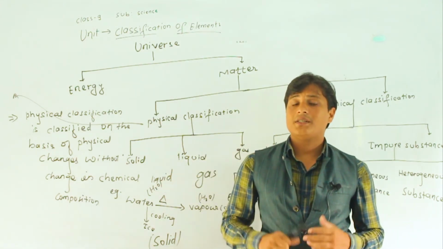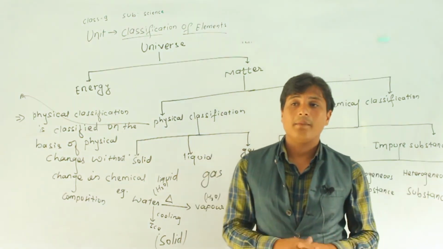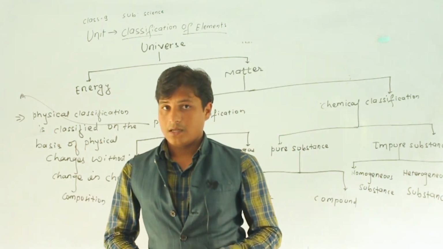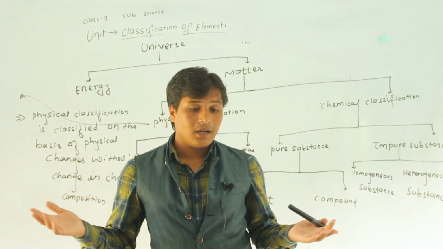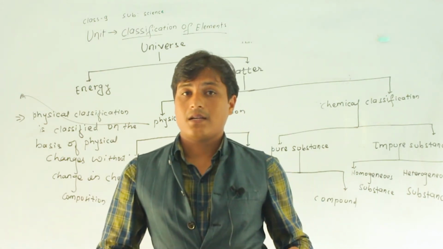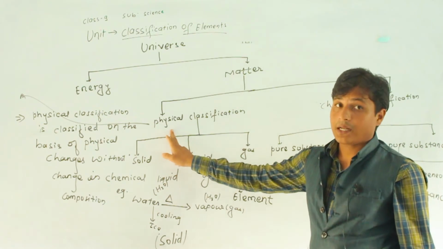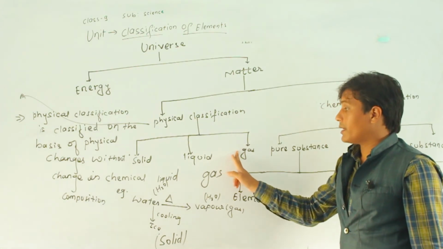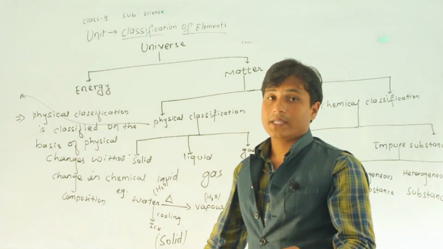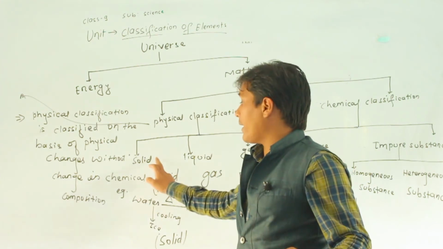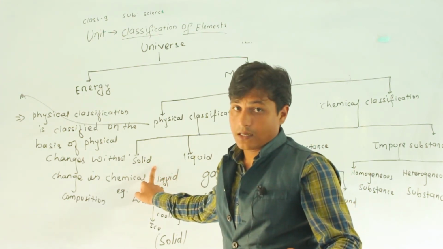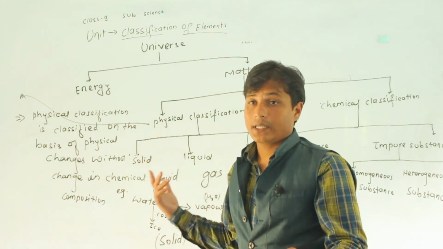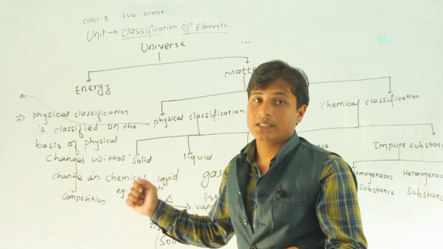Physical classification is the classification of any matter based on its physical structure, without changing its chemical structure. In this classification, matter is divided into solid, liquid, gas. We have already studied in the previous class, class 8, that solid is rigid and fixed. The volume of solid is fixed, weight is fixed, and shape is fixed.